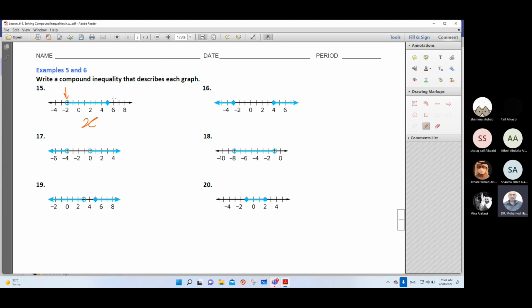This is the first value, and this is the second value. When you see an open circle, write the sign without equals. When you see shaded, write with equal.